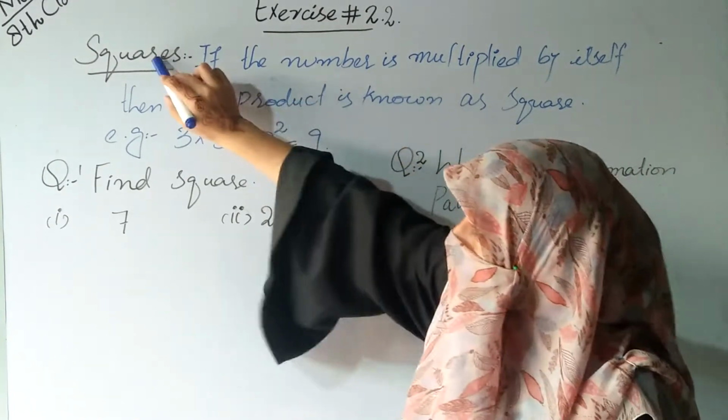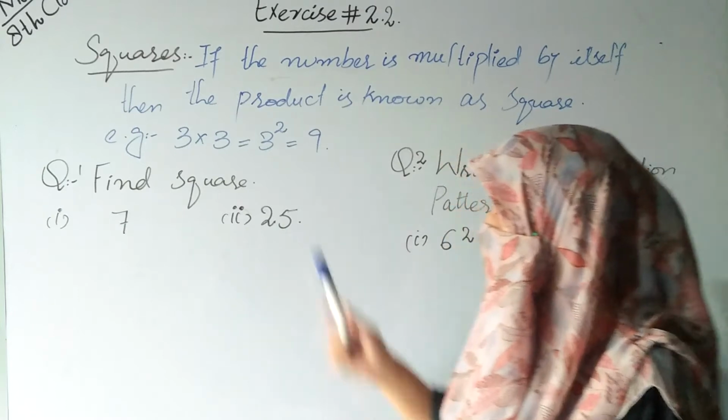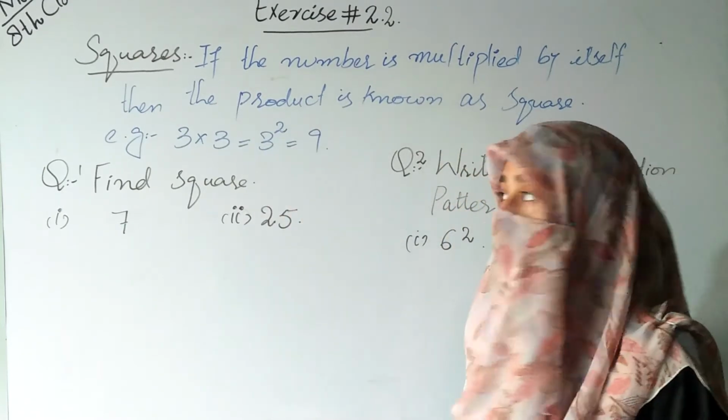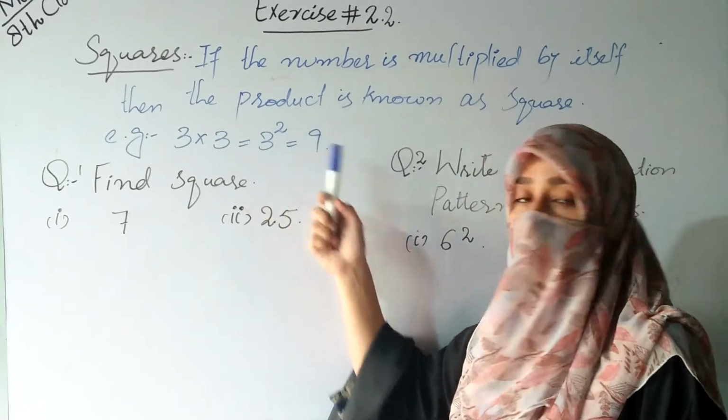The 2 represents the square of 3. This is the square of 3.